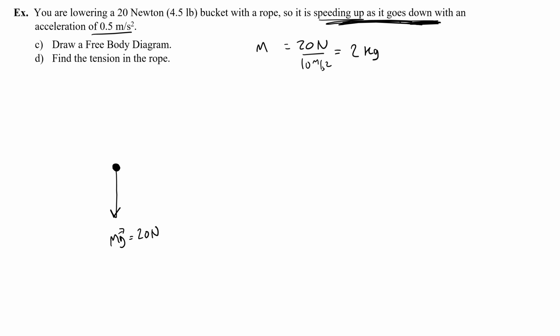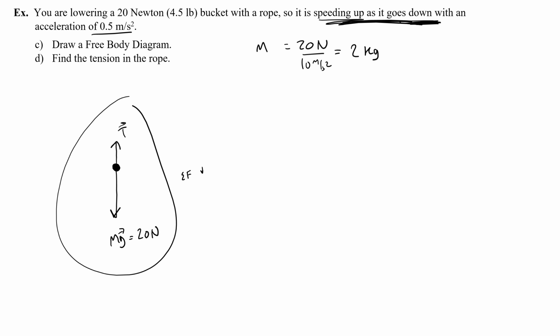If I have less tension, then that would mean that my net force, the net of these two forces, points down, and therefore the acceleration is down, and the bucket is speeding up as it moves. So that's correct. I want the tension to be smaller than the weight. So the question is, how much?